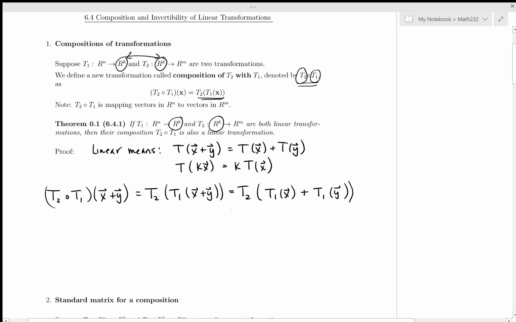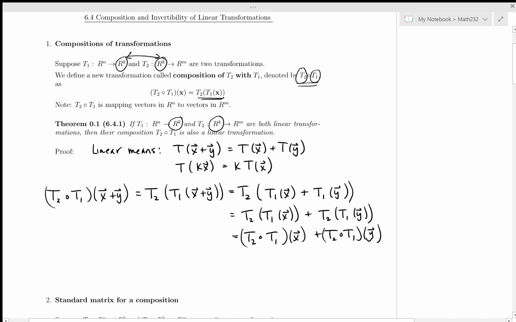Then that is equal to T2 of T1 of x plus T2 of T1 of y. That is based on the linearity of T2. And then we can rewrite that in this manner: T2 of T1 of x plus T2 of T1 of y. And so the first condition for the linearity of the composition is satisfied.